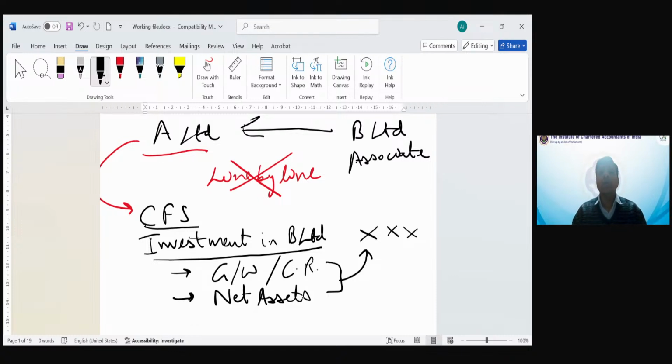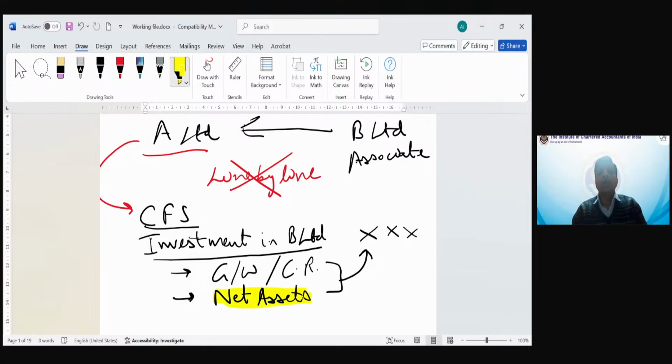If you go back to AS21, there was a similar example wherein A acquired B and there was a distribution of dividend. So what is going to be the impact of the dividend? That will reduce the net assets.